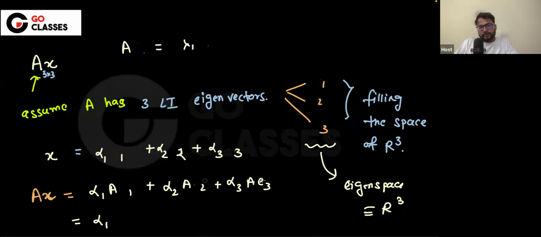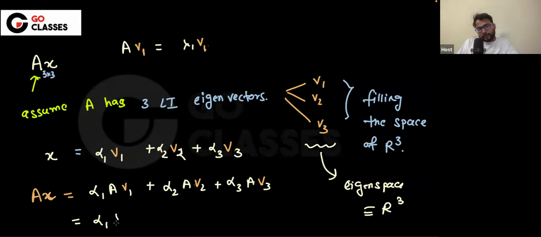So suppose this is V1, this is V2, this is V3, right? So if V1 is the eigenvector, can I write lambda 1 V1?